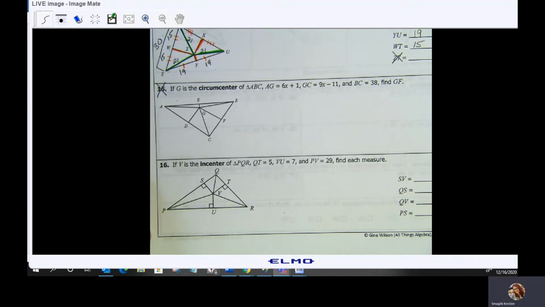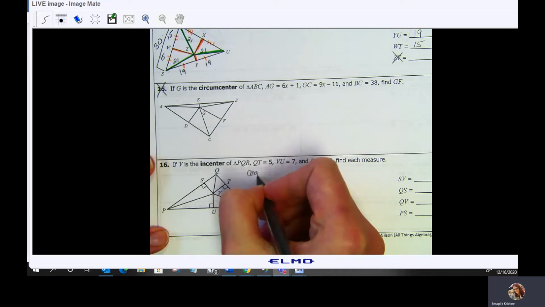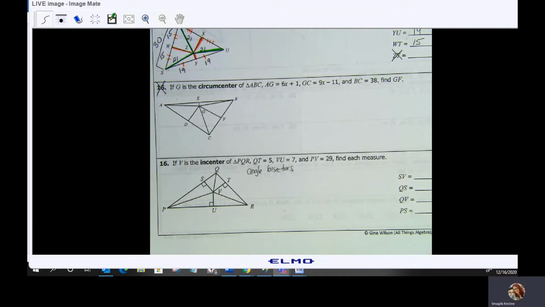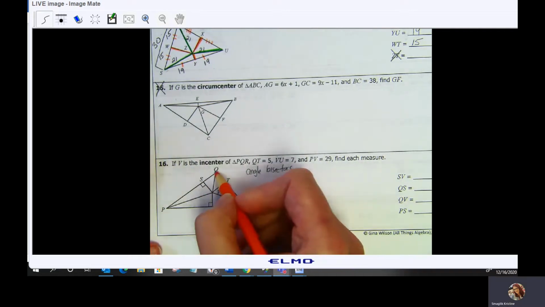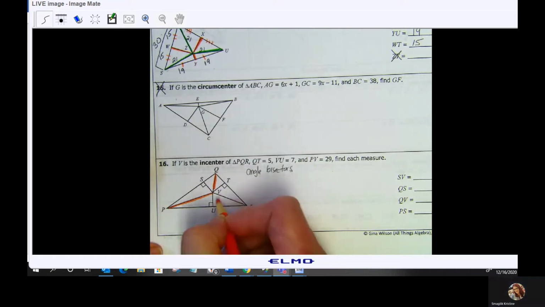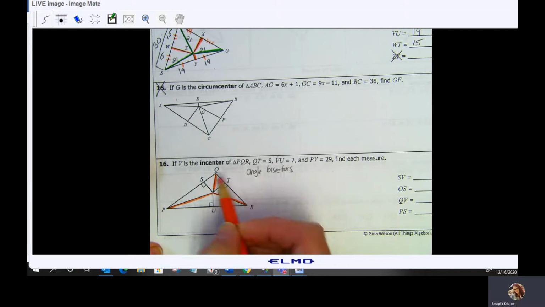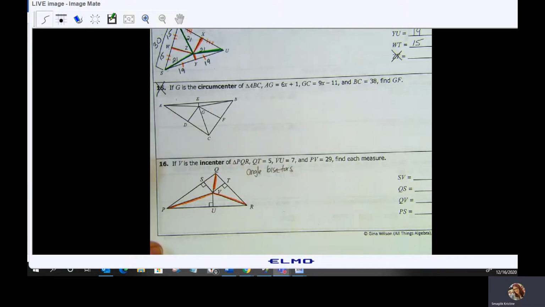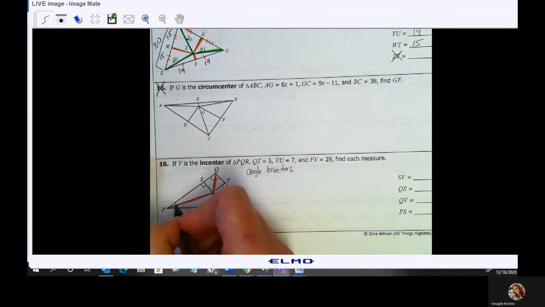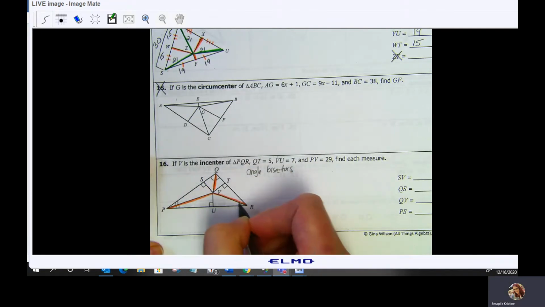So we are told we have an incenter. So now let's think. What is an incenter? What is it formed by? Well, an incenter is formed by angle bisectors. So if I look, here's my angles. So what it's doing is it's creating congruency between the angles. It looks like we're not really asked for any angle measures, but let's just go ahead and mark this down.